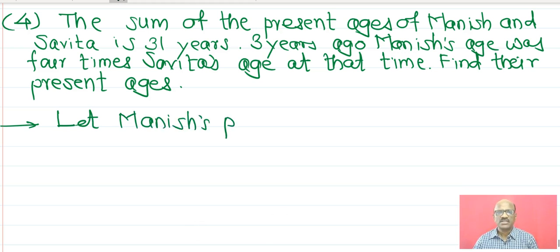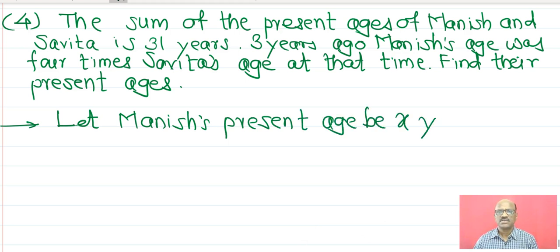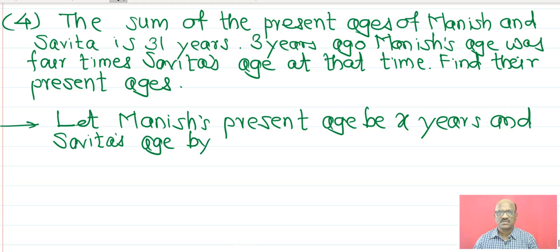Let Manish's present age be x years and Savita's age be y.